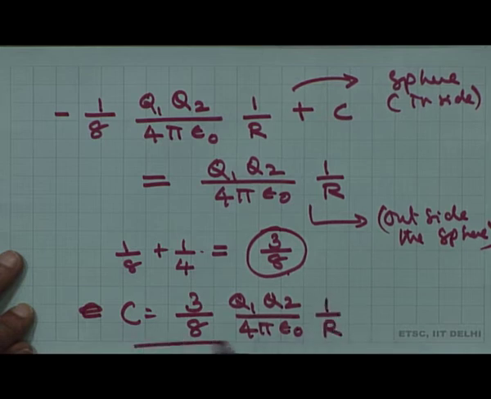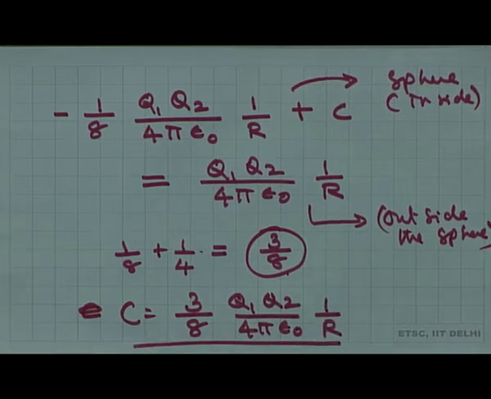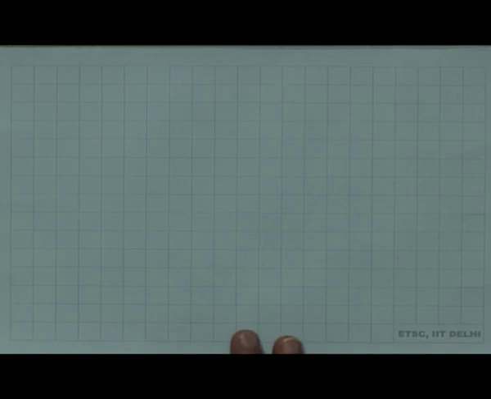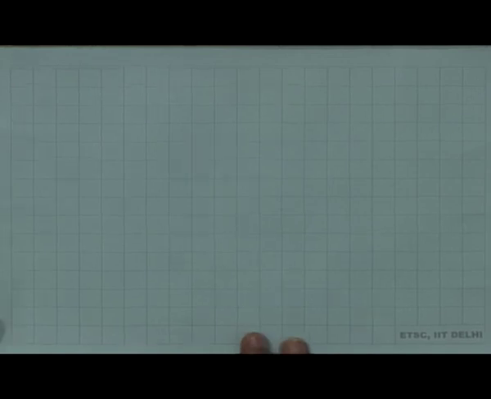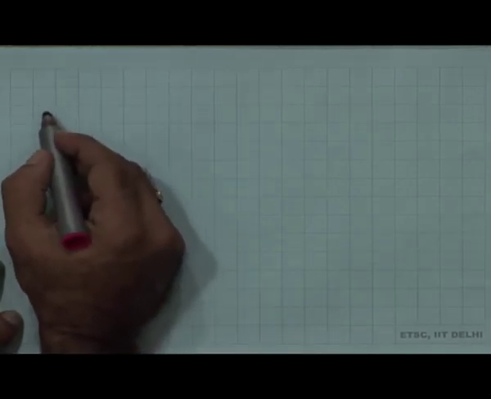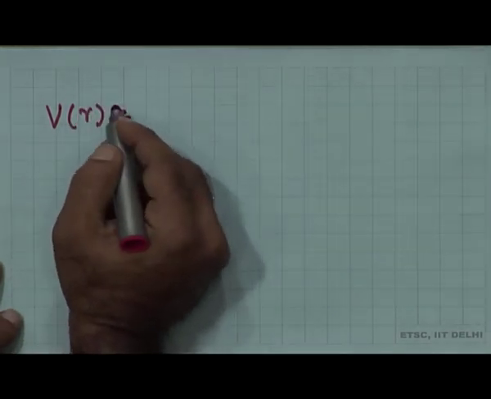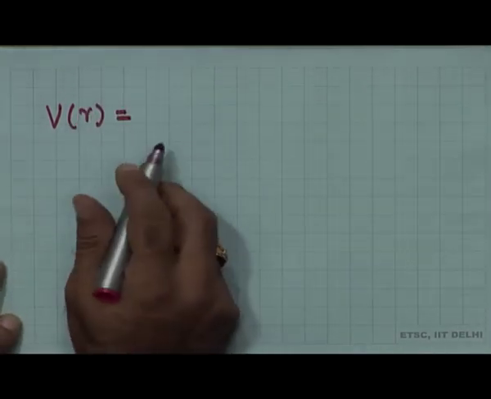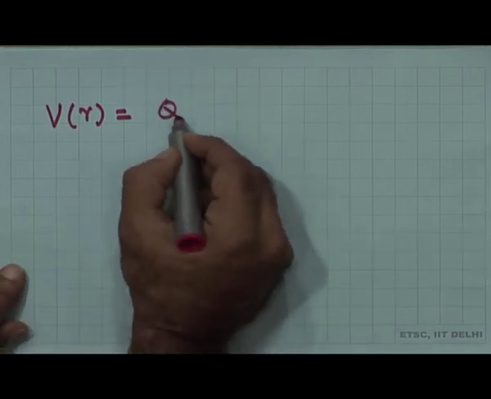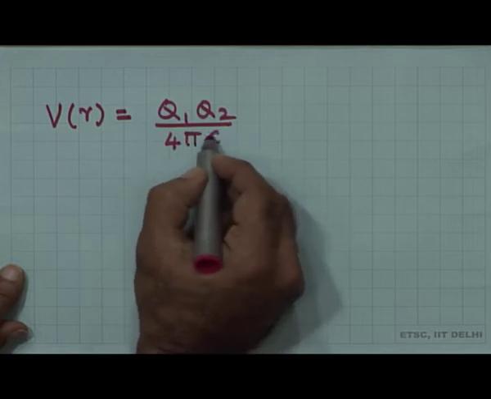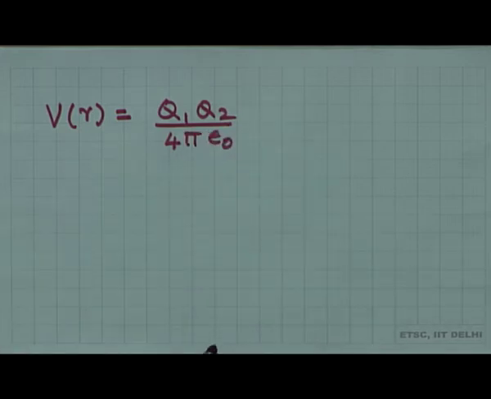This is my constant. So, we have to do this much work in order to be able to write the picture of a potential. I am taking some care so that you people appreciate what is happening. Therefore, I can now write my V of r. I can pull the q1 q2 over 4 pi epsilon naught out.